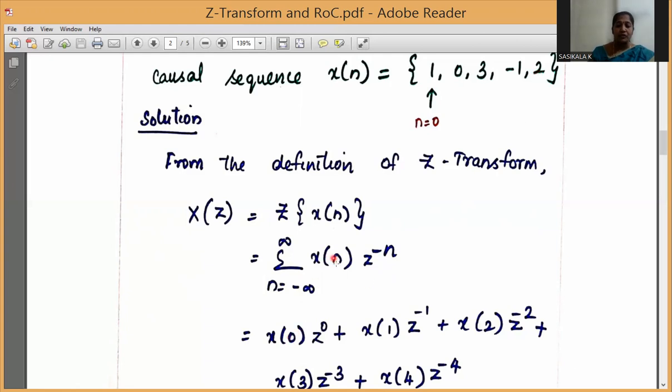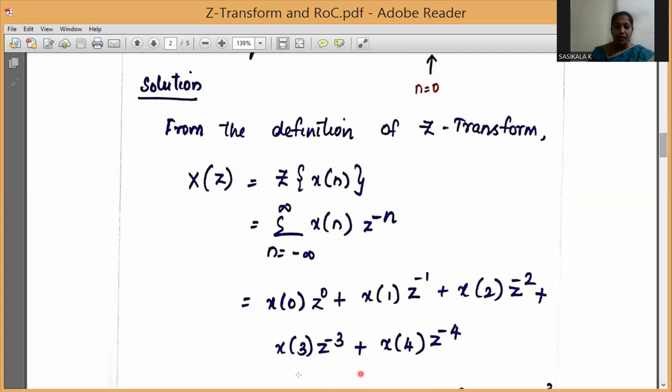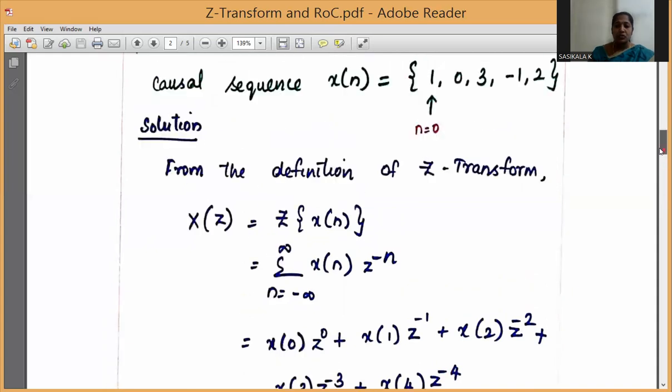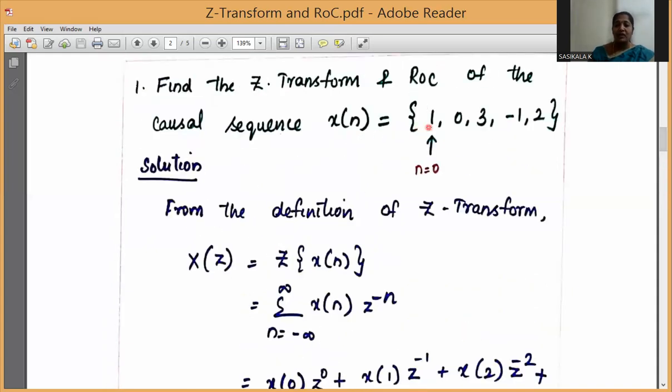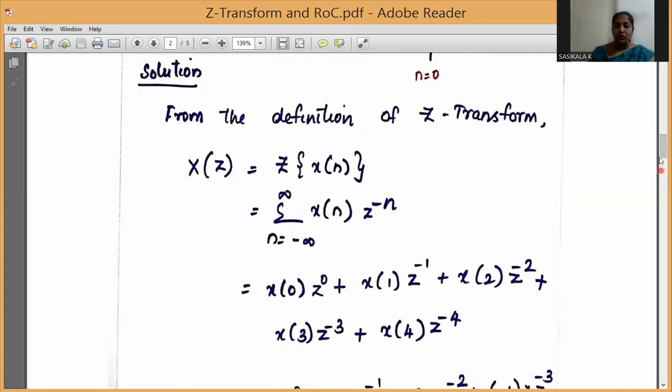So now you have to substitute n values, that is, n varies from 0 to 4.